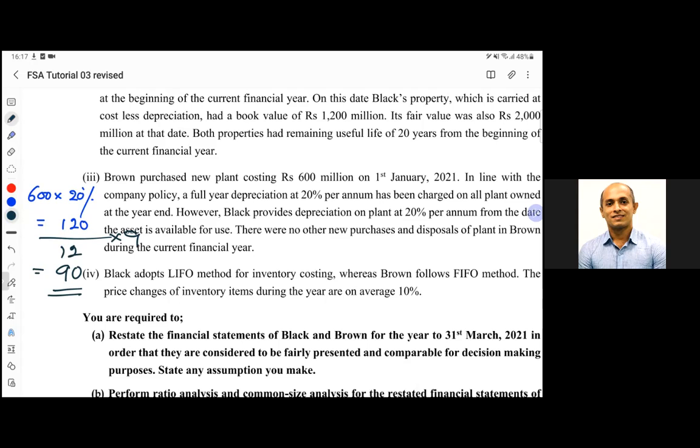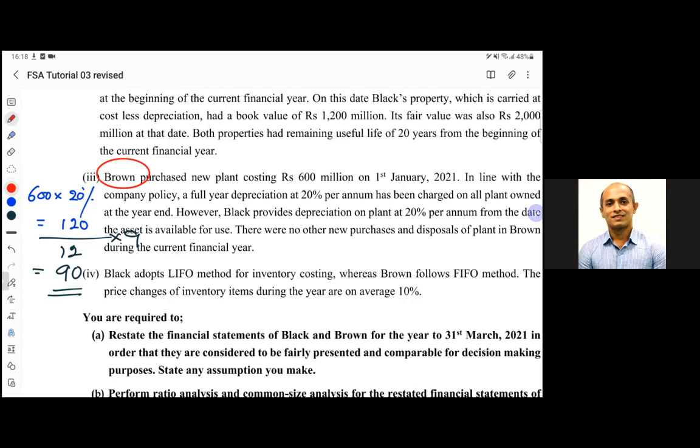So you have to adjust Brown. In the Brown account, plant depreciation has been over provided by 90. Then what is the adjustment?